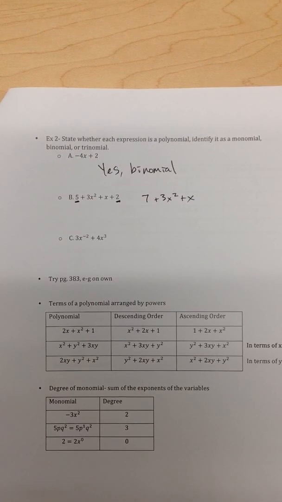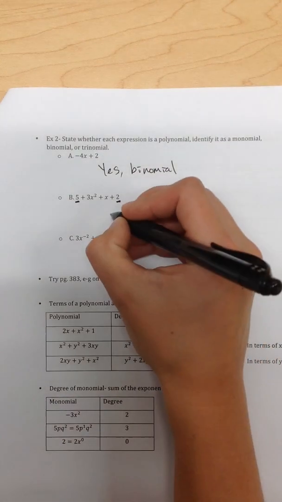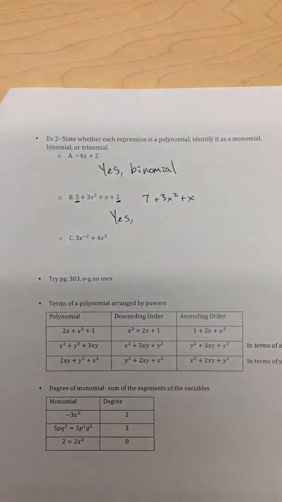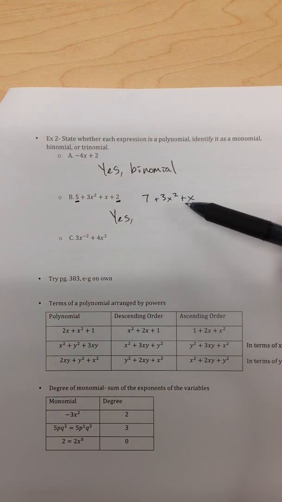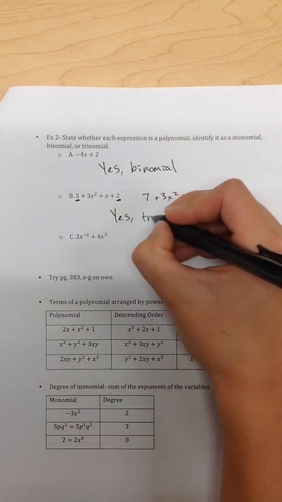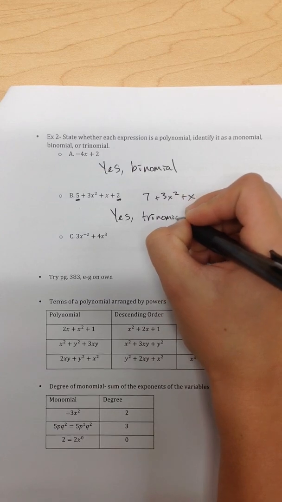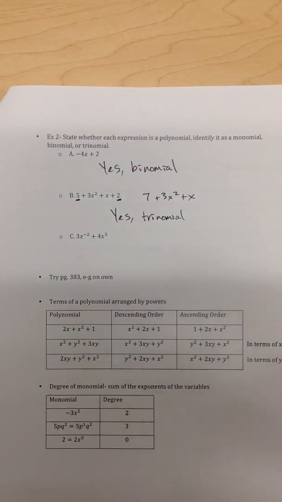We've got just regular numbers and variables being multiplied, split up by those plus signs. So all of those things are good. So I would say yes, it's a polynomial. And specifically, since there's 1, 2, 3 terms, it would be a trinomial. So always watch to see if there's anything you can combine before you give it a specific name.